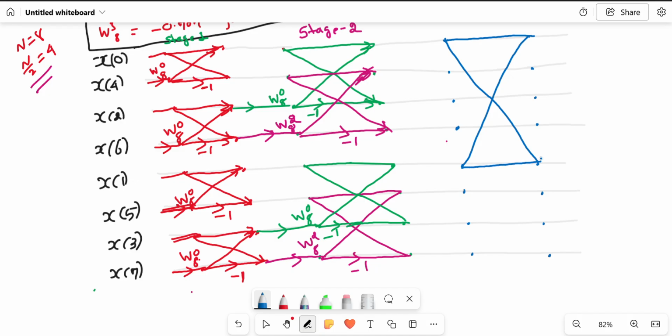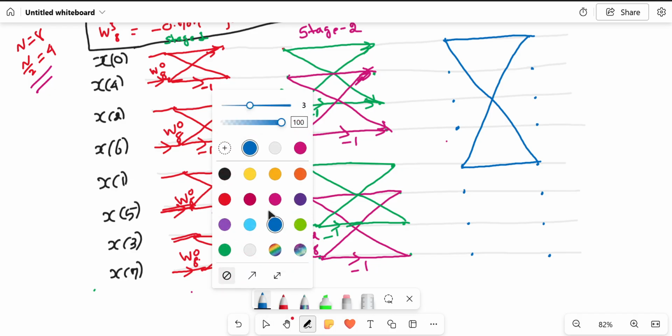Similarly, for the second butterfly we will take orange color. This is the second butterfly.